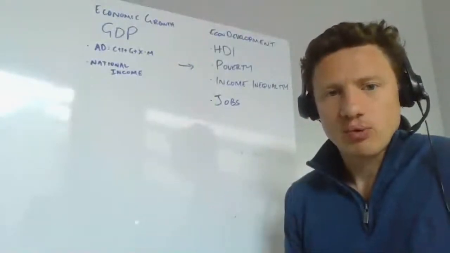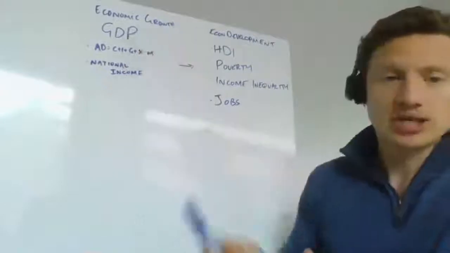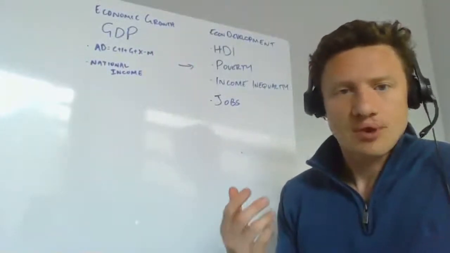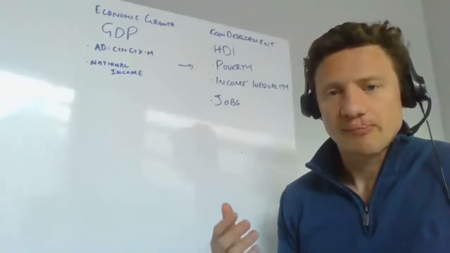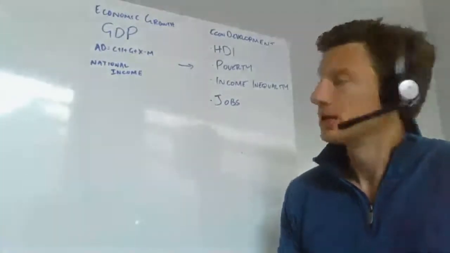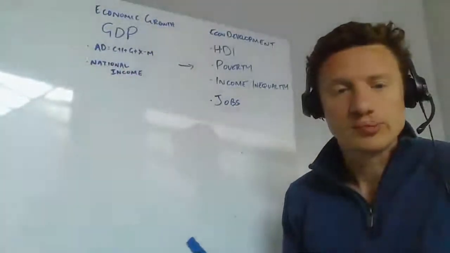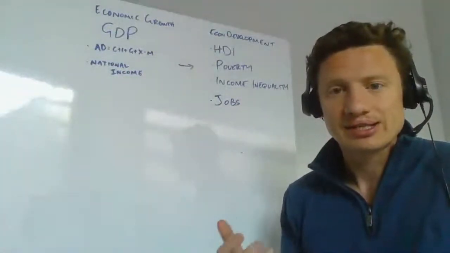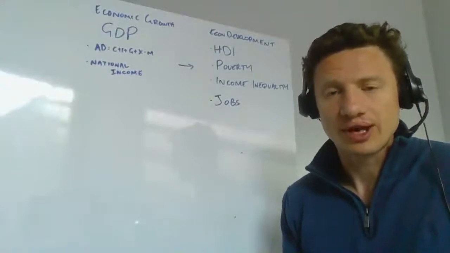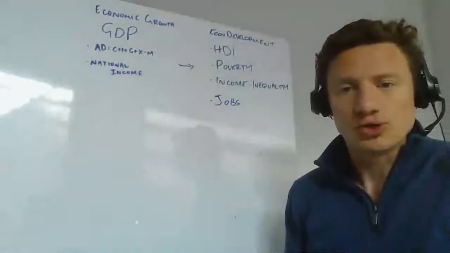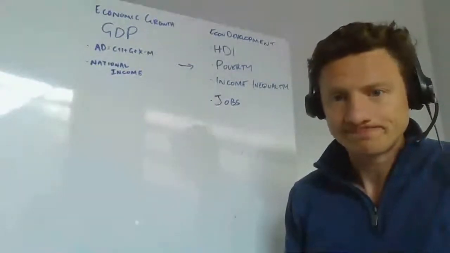So, economic growth then. Let's just be clear on what we mean by economic growth. We mean GDP, gross domestic product, okay? Hopefully by now you'll have done the different methods of calculating GDP. So you should be happy that GDP is simply synonymous with the idea of AD. That is essentially the expenditure method of calculating GDP, all of the spending on domestic goods and services that goes on in an economy.